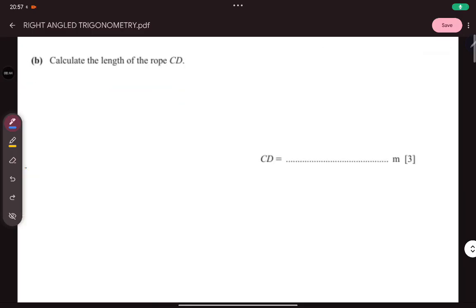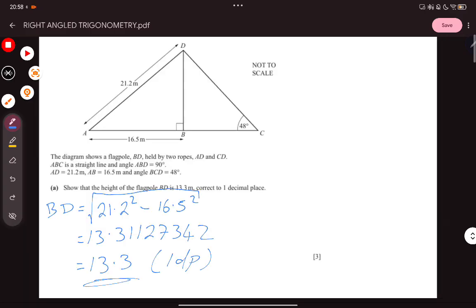Part B of this question says calculate the length of the rope C to D. So we're finding the side C to D, and this is worth 3 marks as well. So we are in the other right angle triangle now, this right angle triangle just here, and they want us to find the length of the rope from C to D. Well, the angle at B here, that must be a right angle as well, mustn't it? Because it's on a straight line with the other right angle.